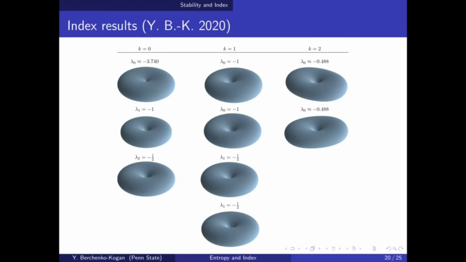The eigenvalues increase as we increase k, and intuitively that makes sense, because if you make your surface more and more wobbly, then it'll have more and more surface area, and the f functional is a weighted area. So if you have a variation that is too wobbly, then you will increase the area and increase the f functional, and therefore you're not going to be able to find an unstable variation that way.